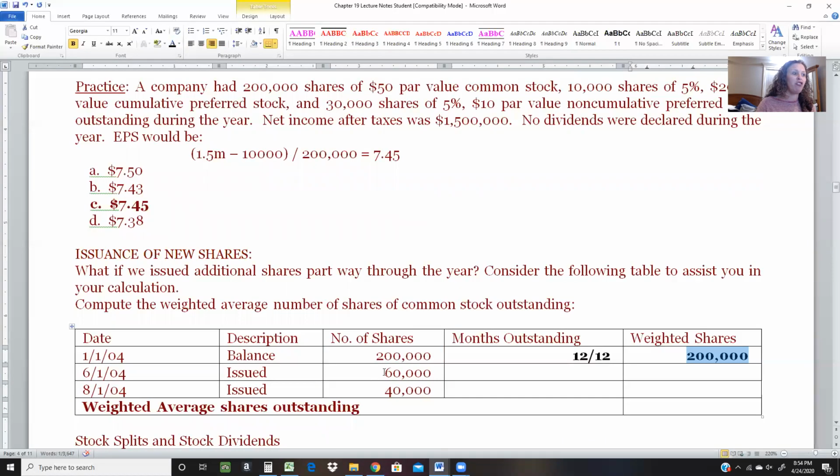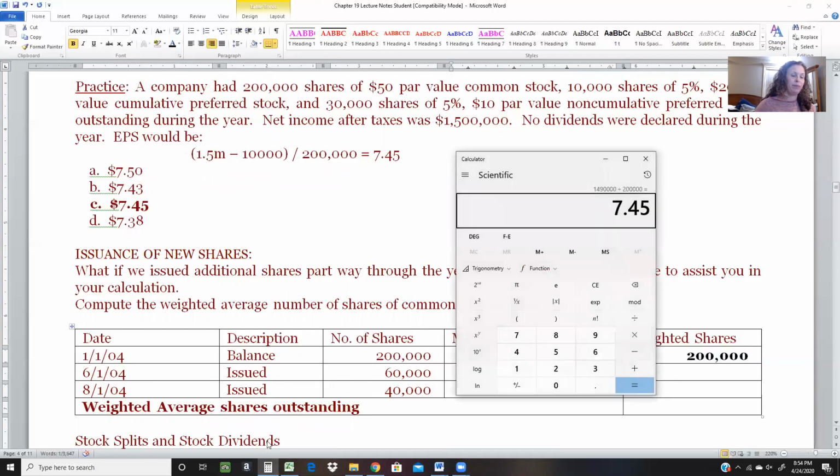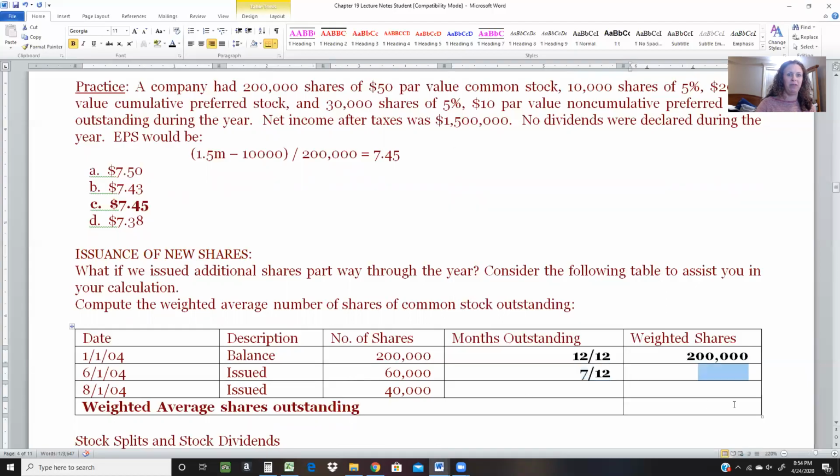These 60,000 shares were not issued until June 1. So they were out there during June, July, August, September, October, November, December, 7/12. So if you take 7/12 of 60,000, you get 35,000.